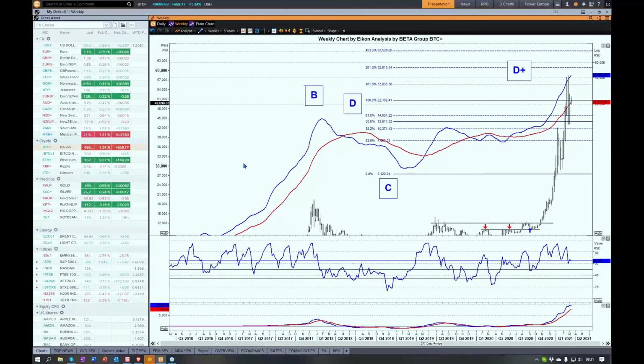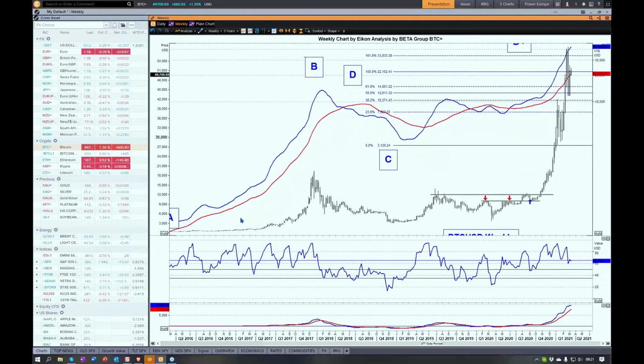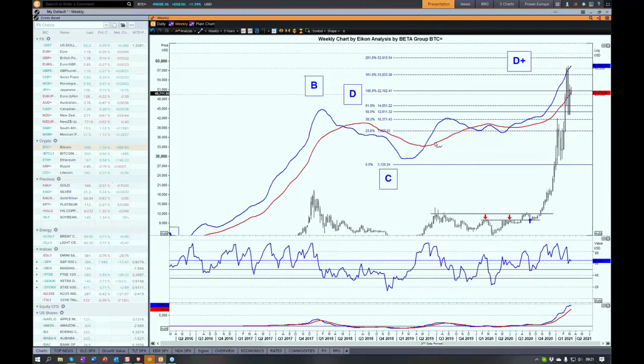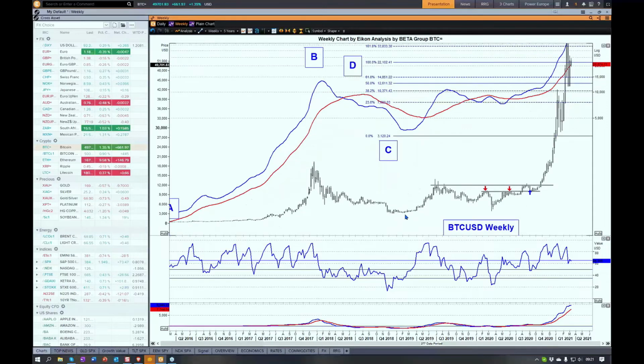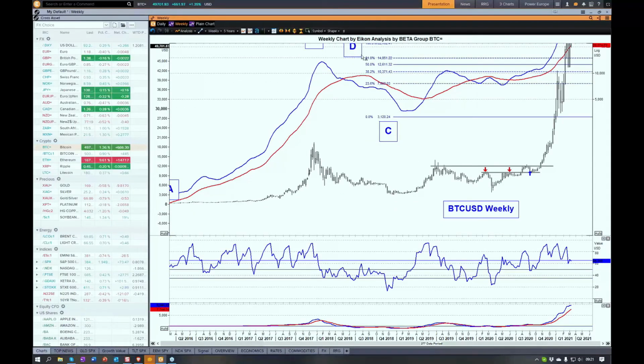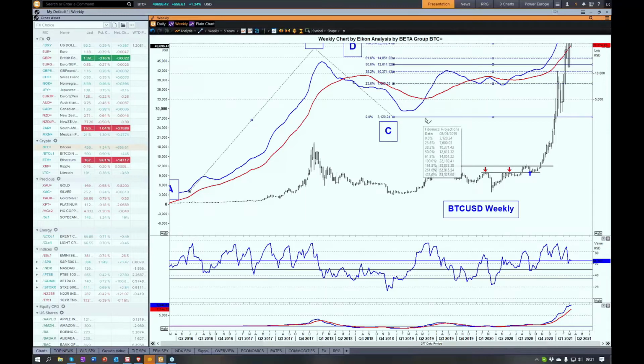I've kept in here literally for years this Fibonacci projection, starting from the beginning and going to B, which is here. Don't know why all these have moved. What's happened here?